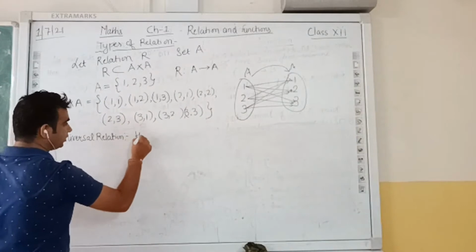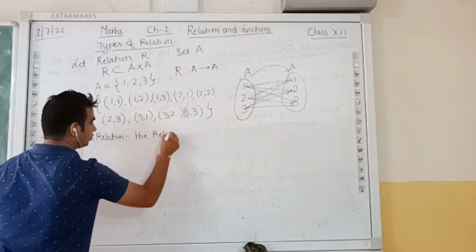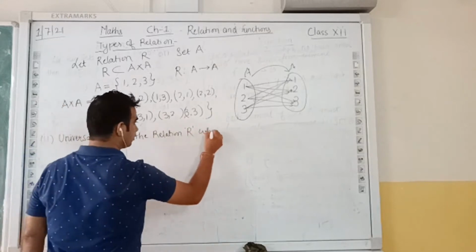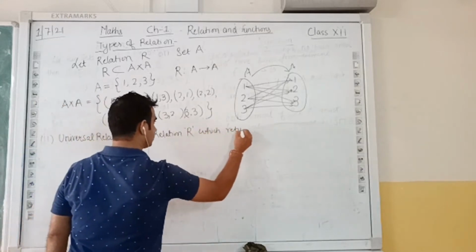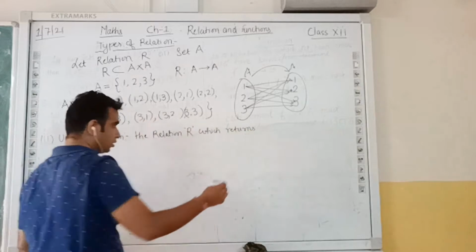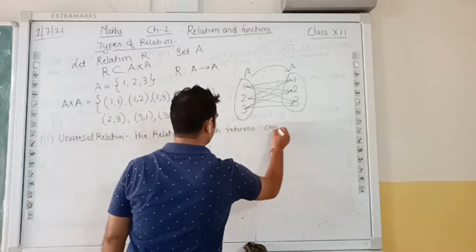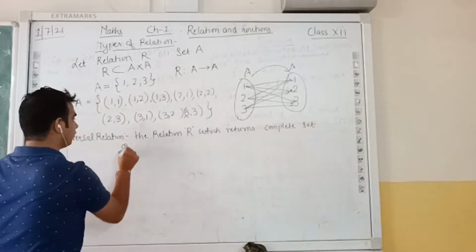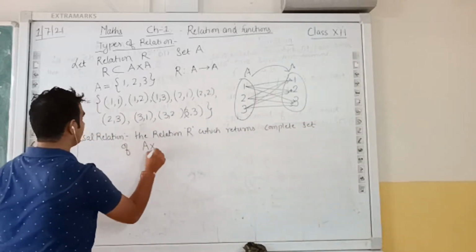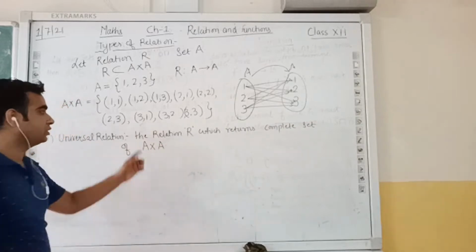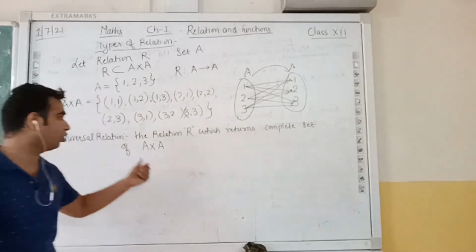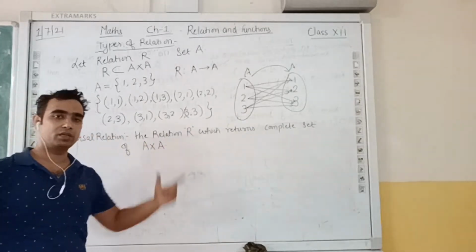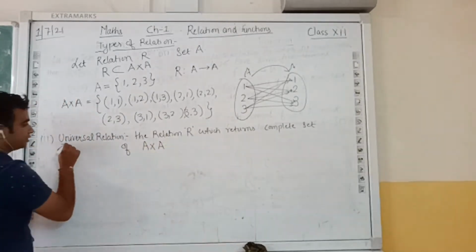Here we can say the relation R which returns the complete set of Cartesian product A cross A. We can say that one belongs to the universal relation.